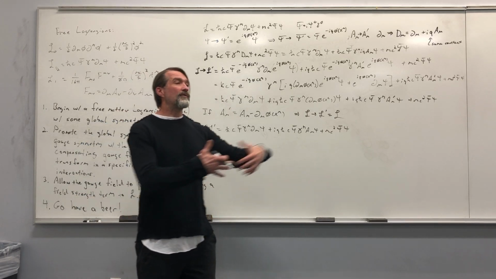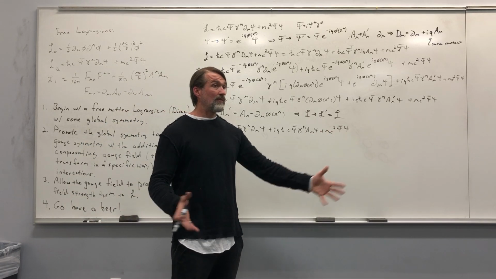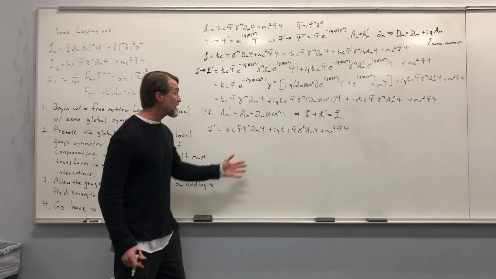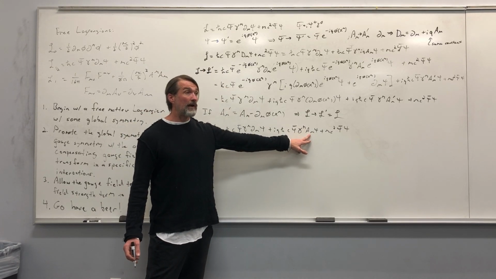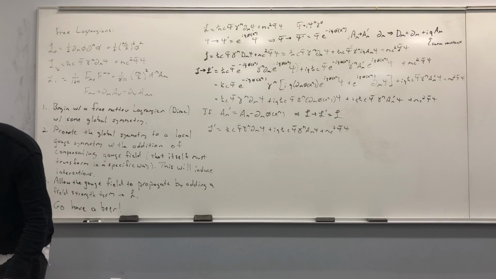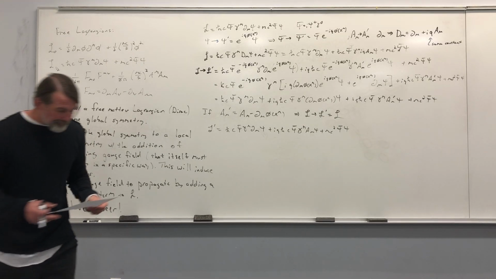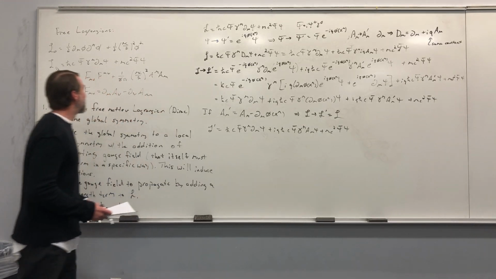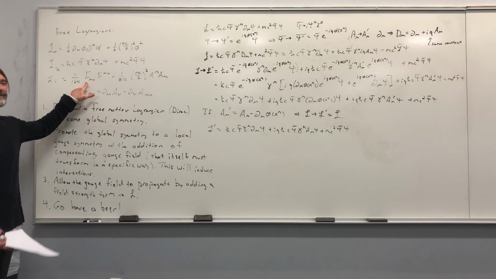However, we want everything to propagate. We want everything to have a kinetic term. So what we need to do is add a kinetic term for A mu. Make sense? Okay, so let's do that. Wait a minute. What is this?